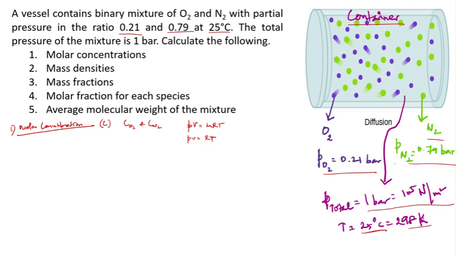Here, to solve for the molar concentration, the relation is P of i, the partial pressure of this particular component, which is equal to the concentration of that component times the universal gas constant times the temperature. The universal gas constant can be represented by R bar, and in some books it is represented as R. So P of i is equal to C of i RT. These two forms are used in some cases.